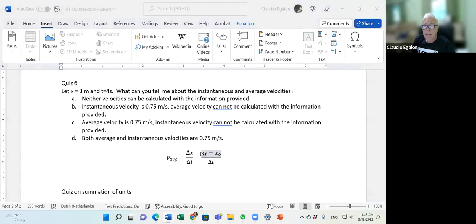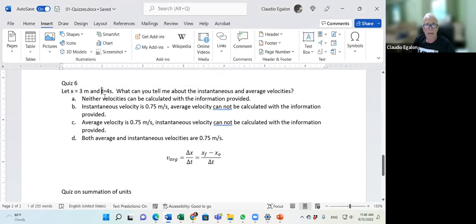Because I didn't give you delta x nor delta t, but only a single value for position and a single value for the instant of time, you cannot solve this problem. You don't have enough information. You cannot calculate the average velocity, nor the instantaneous velocity.